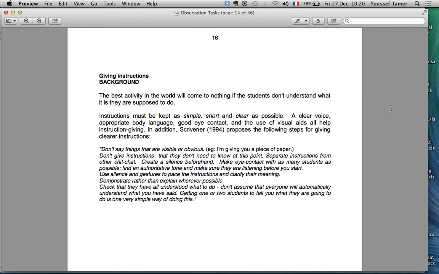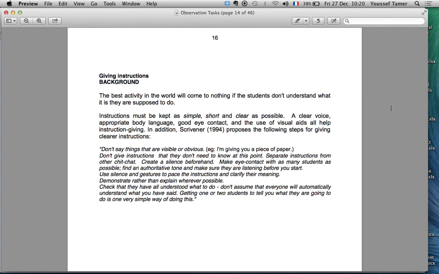Don't give instructions that you don't need to know at this point. Separate instructions from other chit chat. Students speaking, and then you are speaking as well. No. Create a silence beforehand.